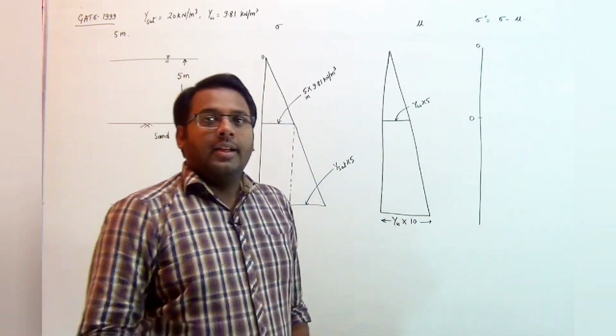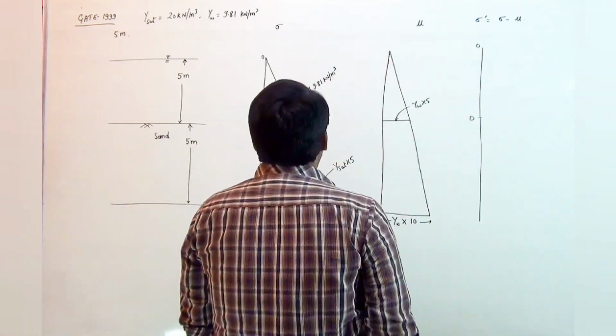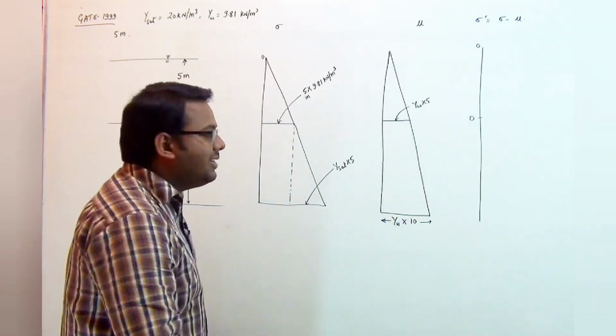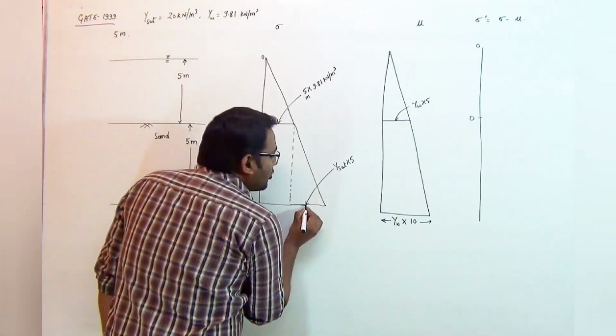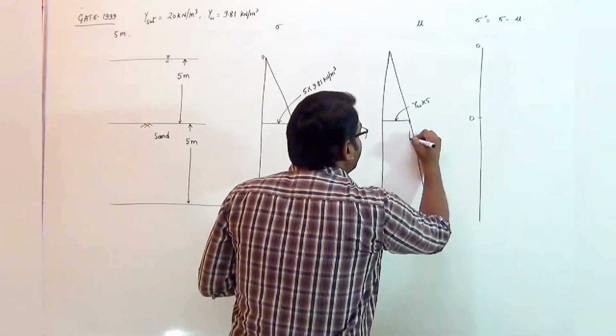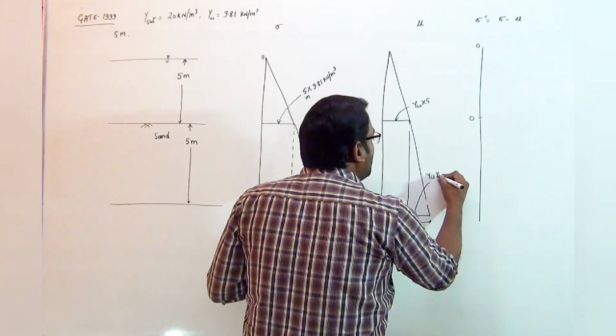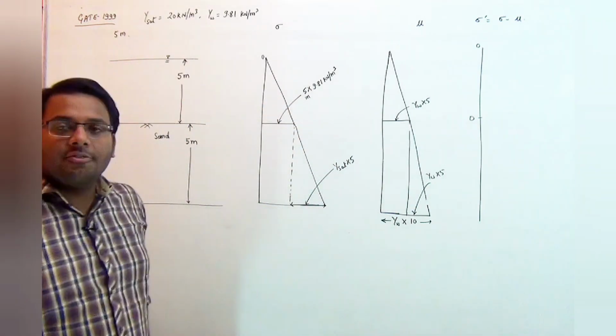But as we see that the effective stress is the difference of the total and pore water pressure, you can easily say that the increase in the total minus increase in the pore water, the increase in pore water is nothing but gamma W into 5 for the last 5 meter.